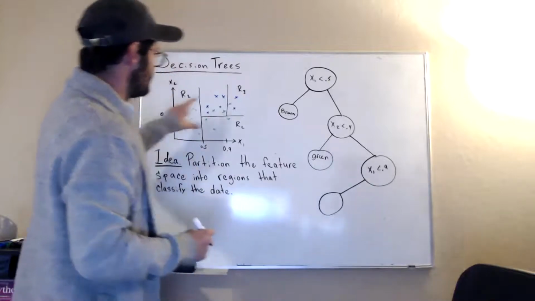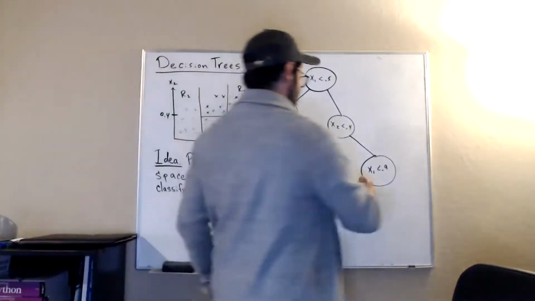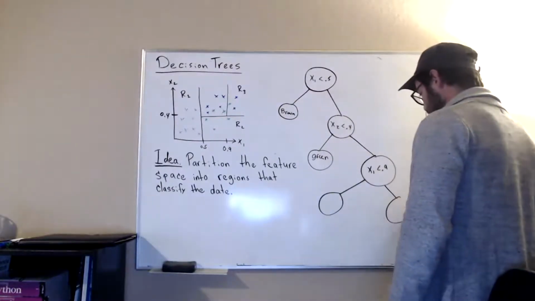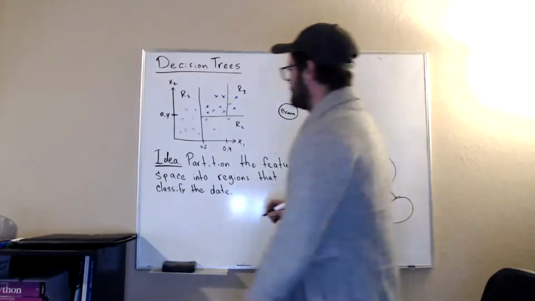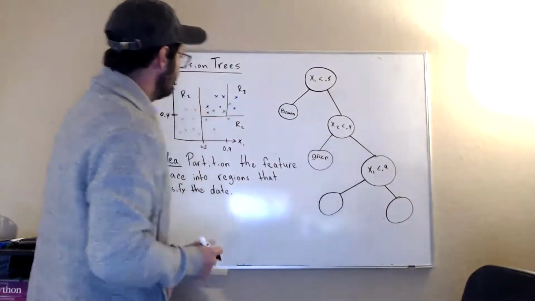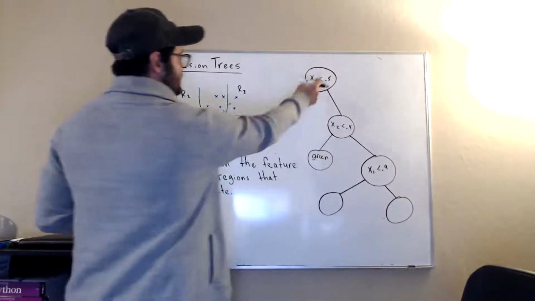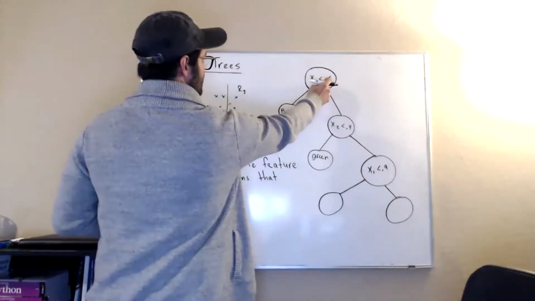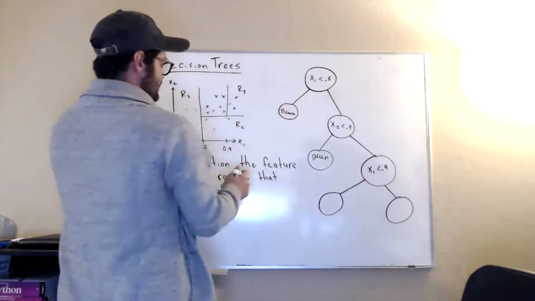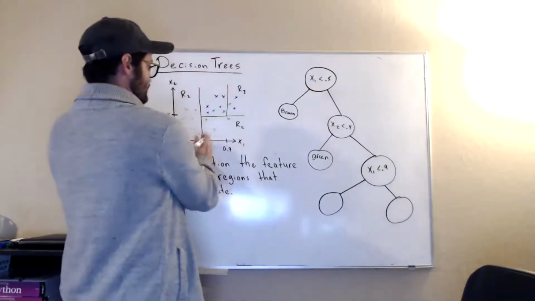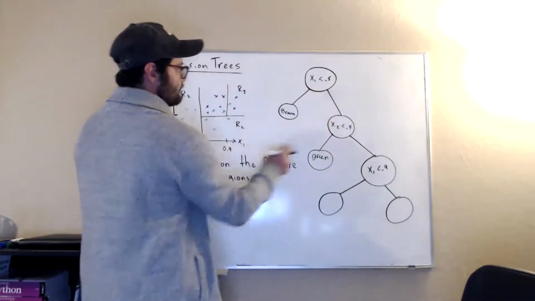And you can see that if we travel along the tree, we're really going from region to region. Okay. So now, where are we? So let's start at the top. So x1 less than 0.5 is brown. We're going down here. So we're in this part of the plane.